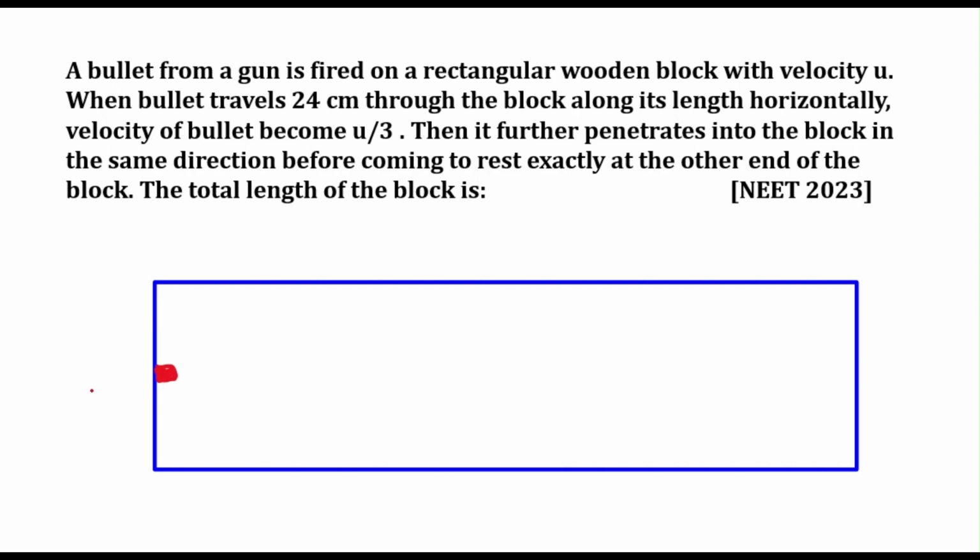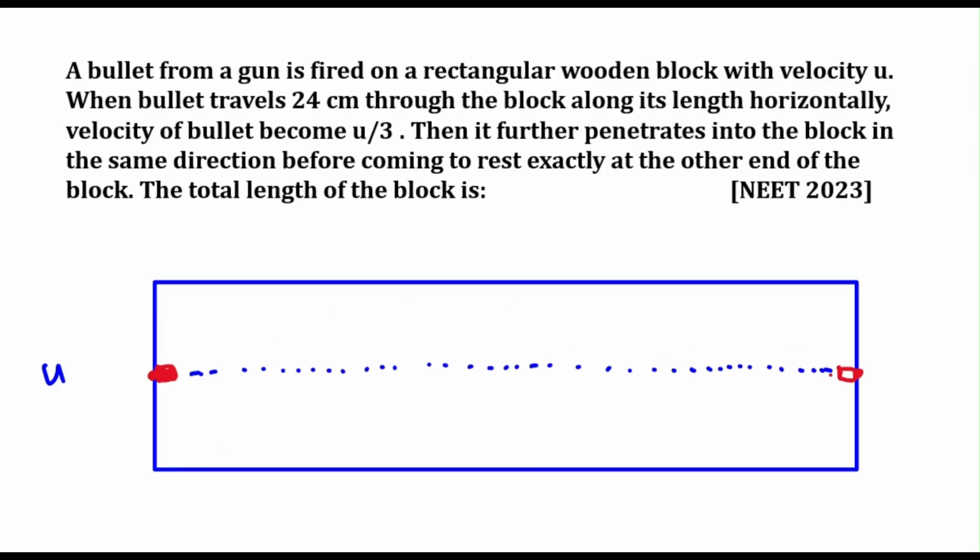At this point, it has velocity, let's say u, so let me write it as u only. It has velocity u here and moves horizontally. It keeps moving and comes to rest at the other end here.